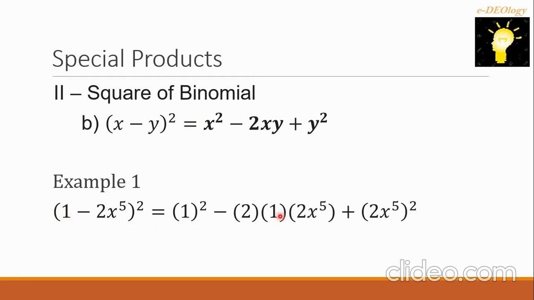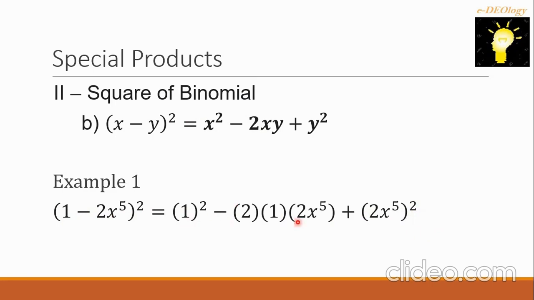I copied the 1, and I copied this 2x raised to 5. Actually, the negative sign is already in front. And the last term is the 2x raised to 5 power 2. There is no issue if you also put the negative sign here. Anyway, because of the square, later it will just be deleted.